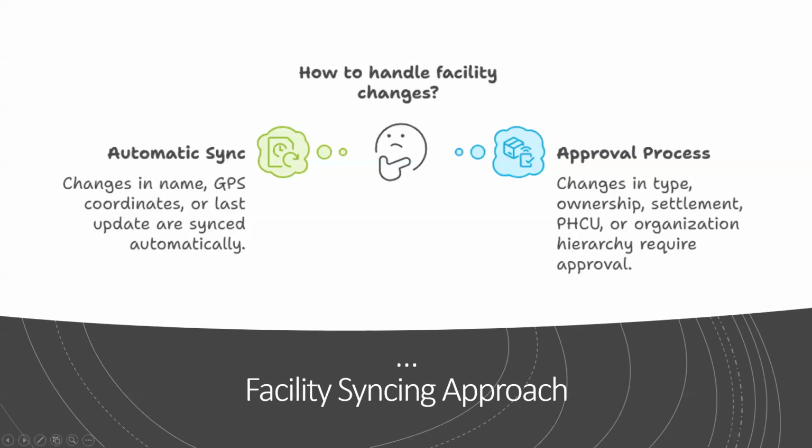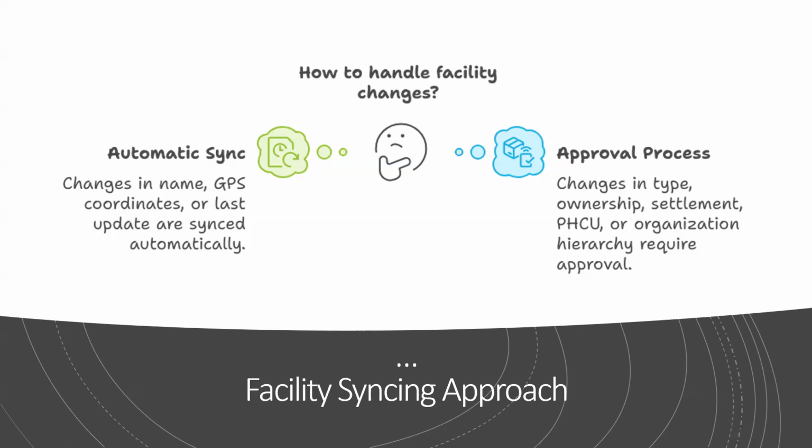How do we handle each facility? Not every facility change from MFR to DHIS2 should go to the connector app and the HMIS admin. Some changes should be applied directly to DHIS2. For example, if there's a change in a name, the DHIS2 connector app should not need to be aware of that.